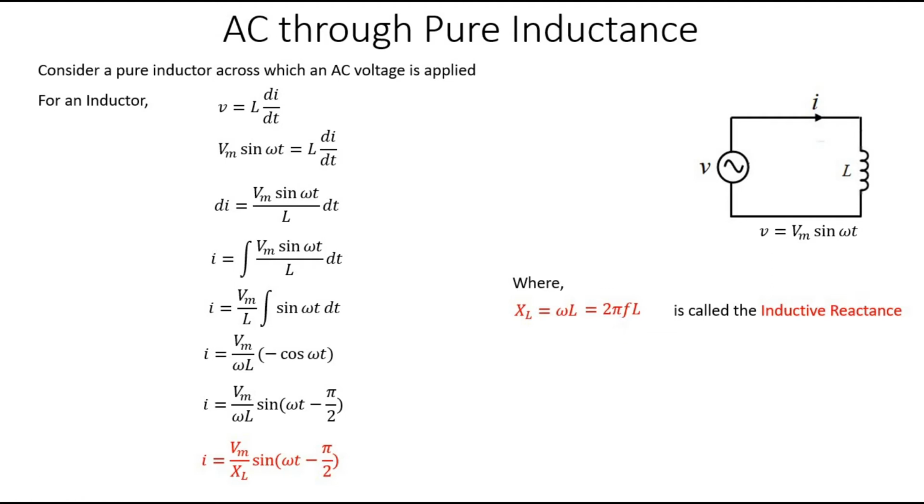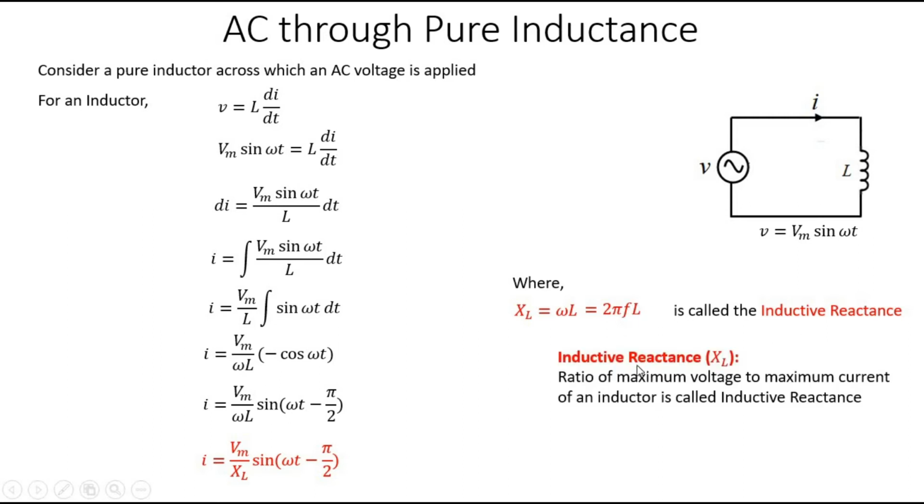So this XL depends upon the frequency and the value of inductor L. Inductive reactance can be defined as the ratio of maximum voltage to maximum current of an inductor, and its unit is ohm because it is a ratio of voltage and current. So this is actually Vm by Im. So XL is Vm by Im.